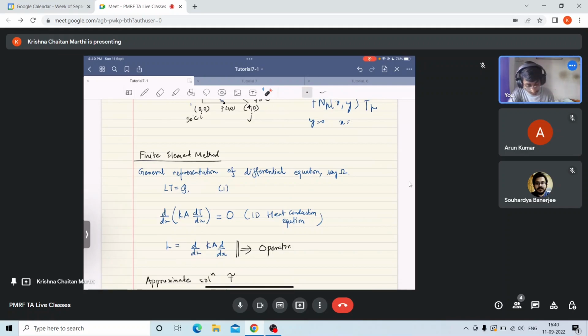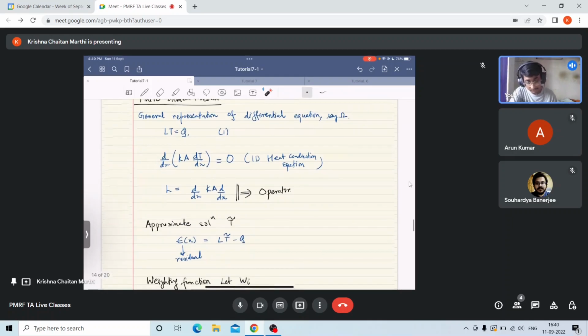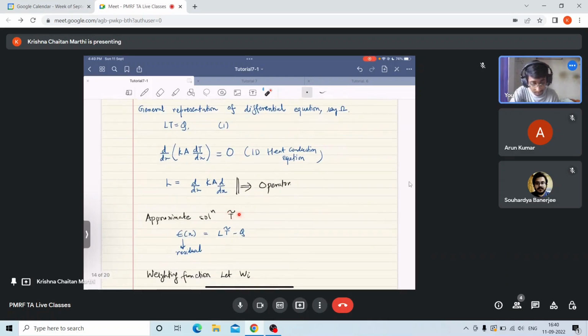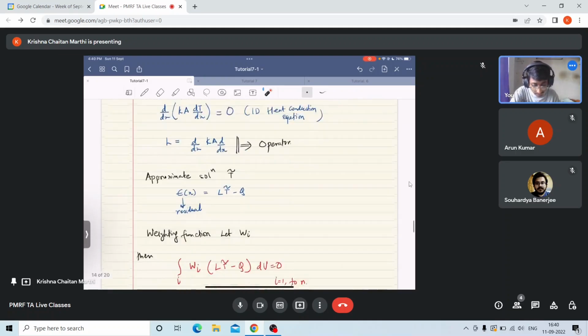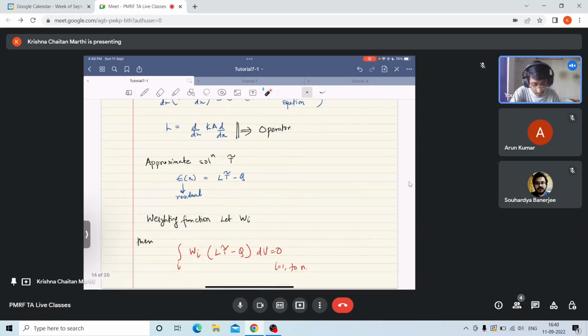Let us assume that my approximate solution is T tilde. So I will have some residual, that is some error, which is L T tilde minus Q. My objective in the finite element method is to reduce this error. So basically I am assigning some weighting function at each node: integral of Wi times (L T tilde minus Q) dV equal to 0.